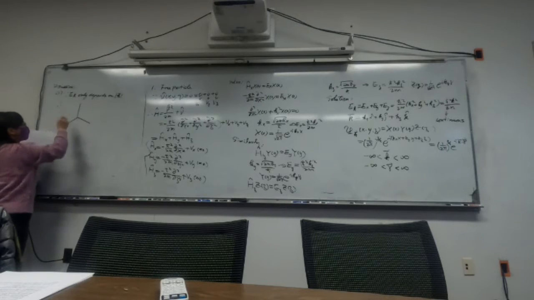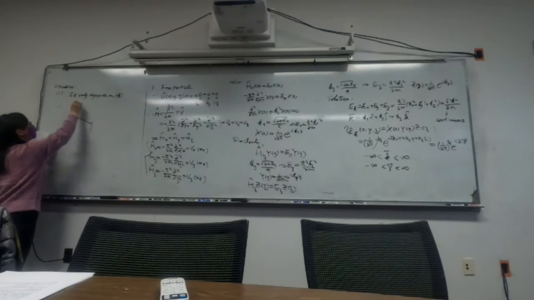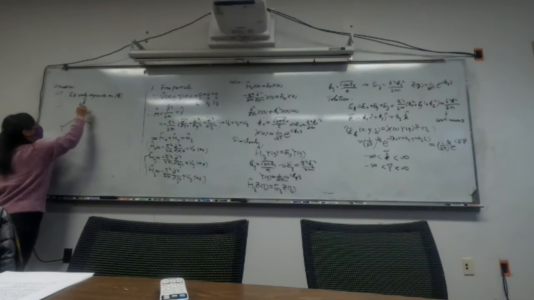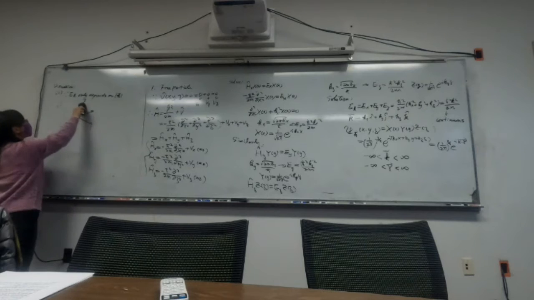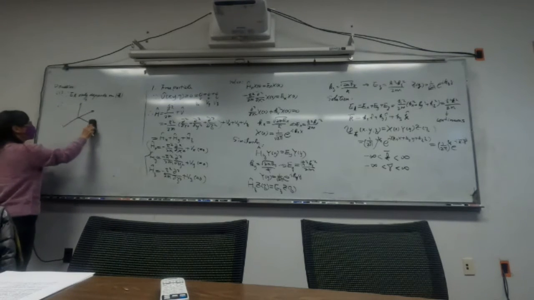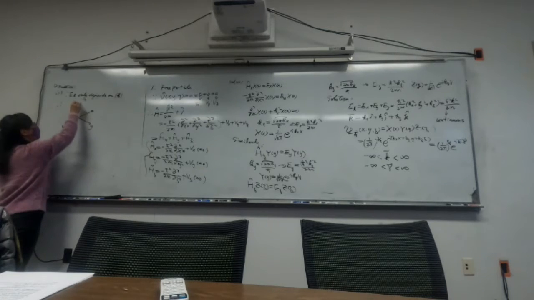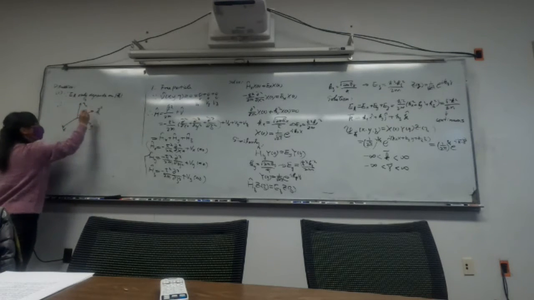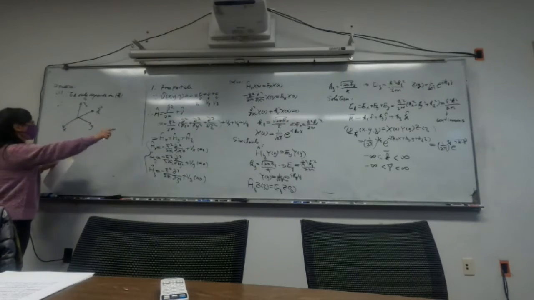So what does that mean? See here. Suppose this is x, y, and z, and this is a k vector. I draw the axes like this, otherwise you will confuse it with this k. This k vector gives us the orientation k_x, k_y, k_z, right?